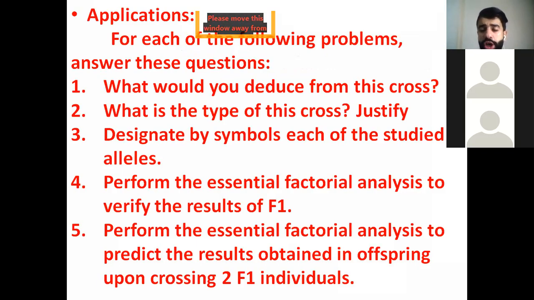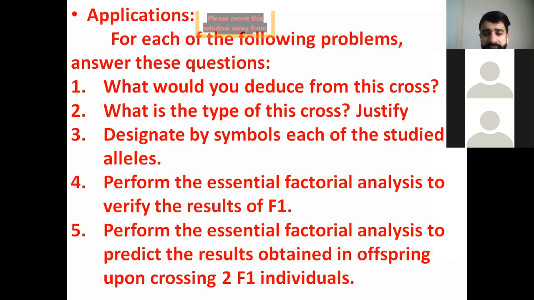Designate by symbols: you have to say let B capital be the symbol of the black allele, which is dominant over the white allele, which is recessive, and let W small be the symbol of the white recessive allele. Part 4.